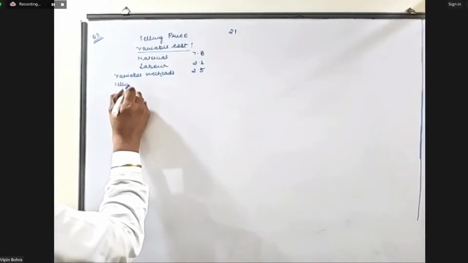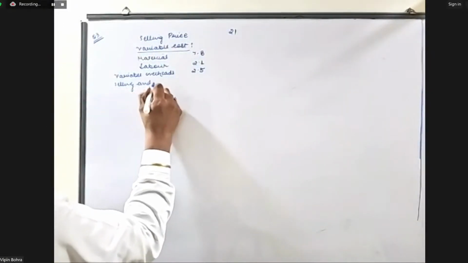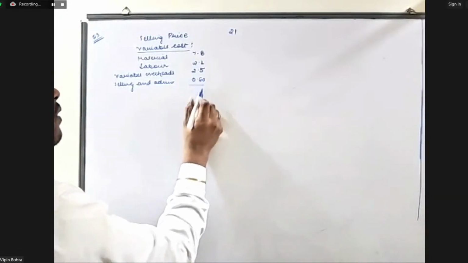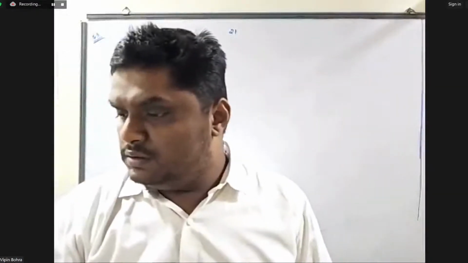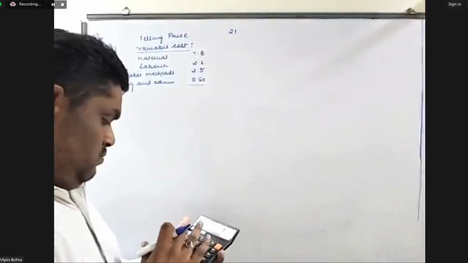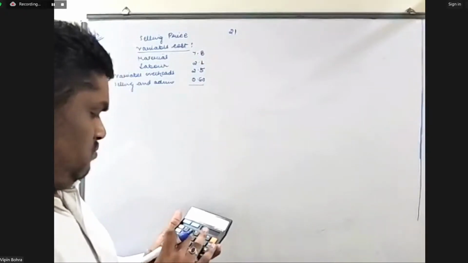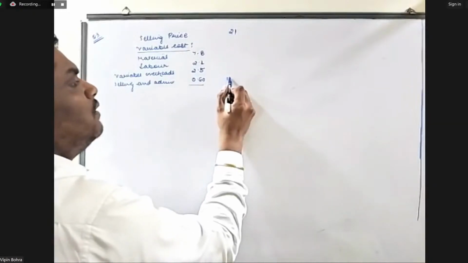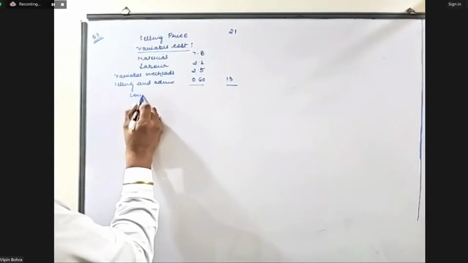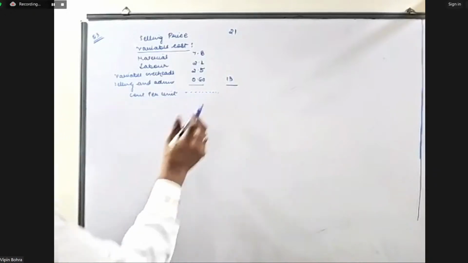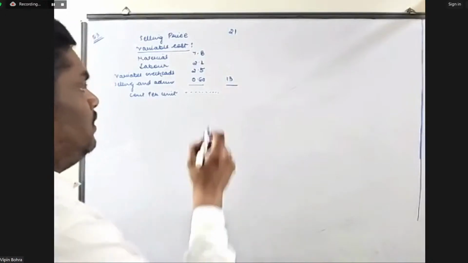Further, the selling and administration expenses are also given, that is 60 paisa per tin. So this is my variable cost. This is 13. So my contribution per unit will be 8.